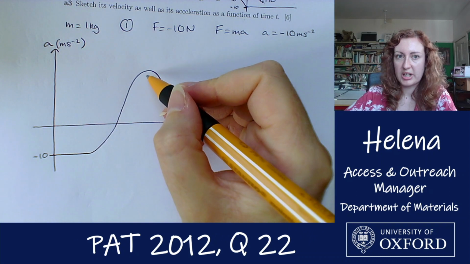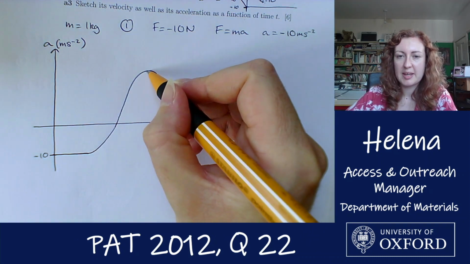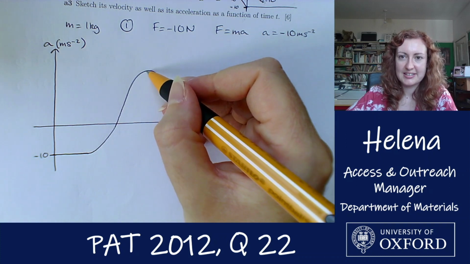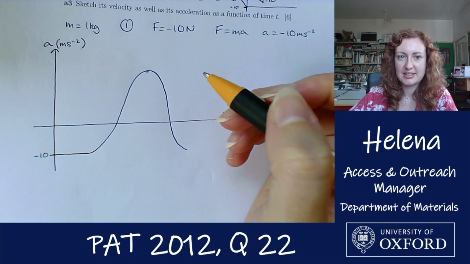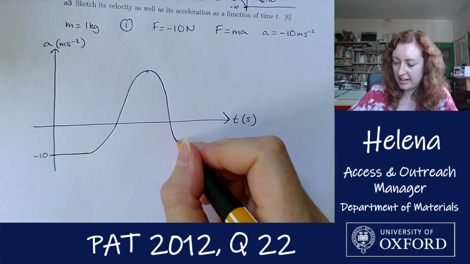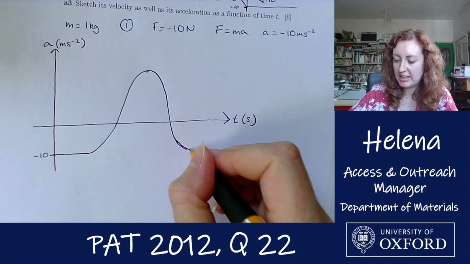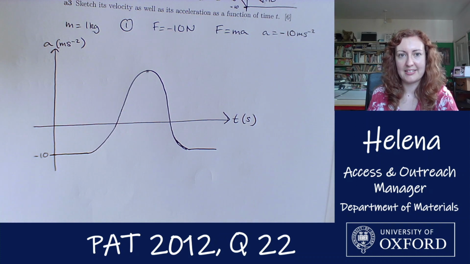And this point here, where we have the maximum acceleration, that will be the point where the mass is changing its direction. So we have the maximum acceleration at that point. And we're going to have a symmetrical shape graph coming the other direction, and we're going to end with that straight line again at the end.